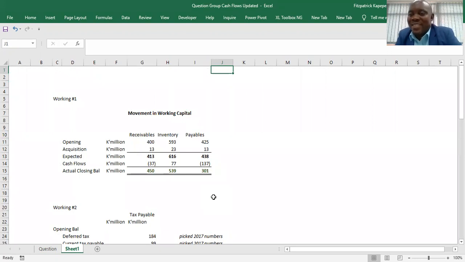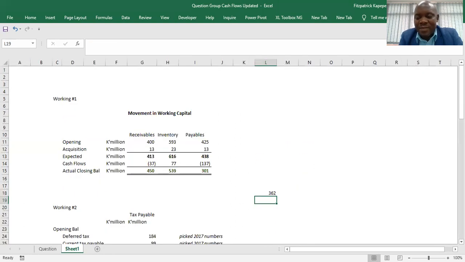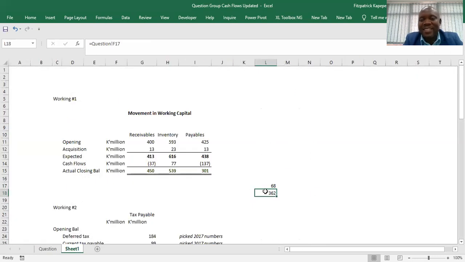Then now we can try and come up with a cash flow statement. What should guide us is that whatever we're going to do, this is the amount that we should find. That is what we should find. And the change in cash and cash equivalents should be this minus that, 68.